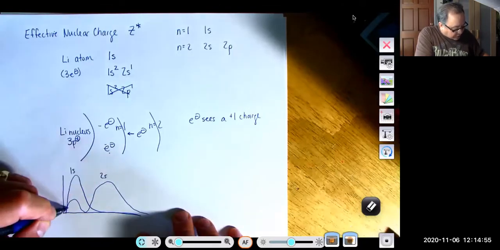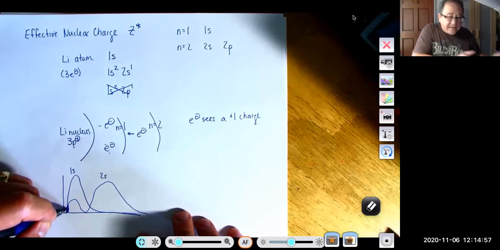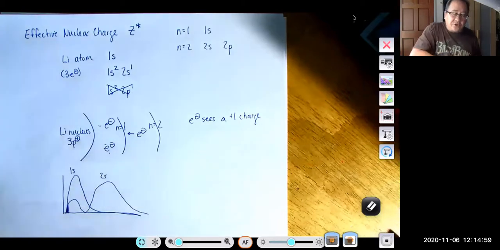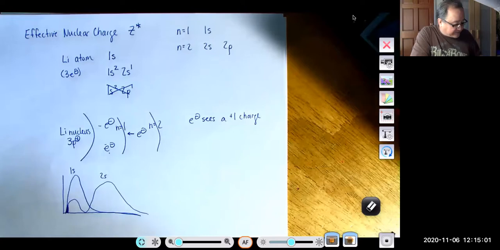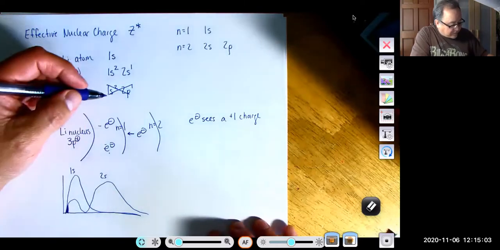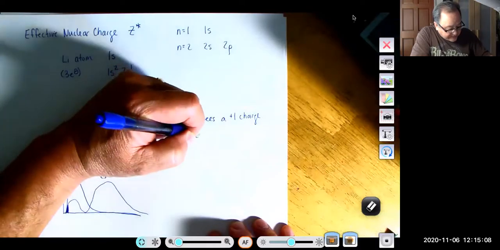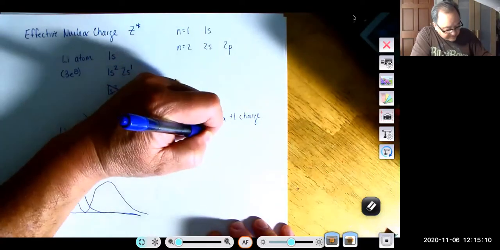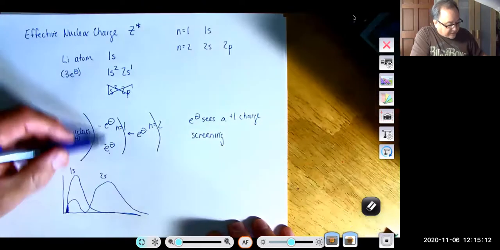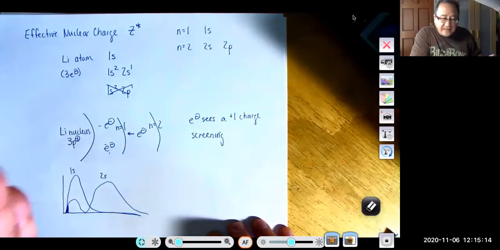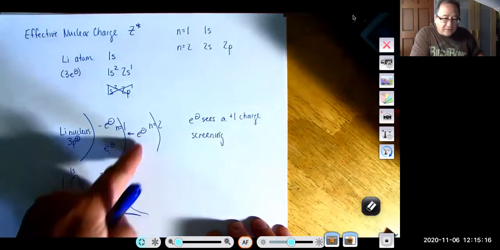This 2s electron can be closer to the nucleus than a 1s, okay? So before I go on, this is called screening, because these electrons effectively screen this electron from the nucleus.